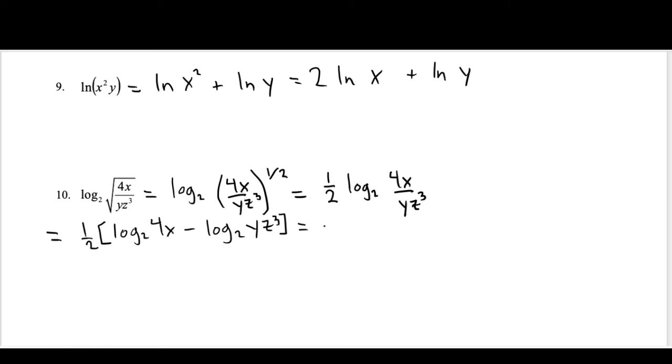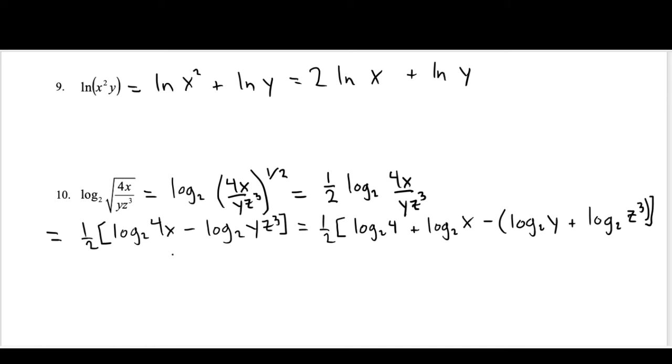So this is equal to 1/2 times log base 2 of 4 plus log base 2 of x minus quantity log base 2 of y plus log base 2 of z cubed.